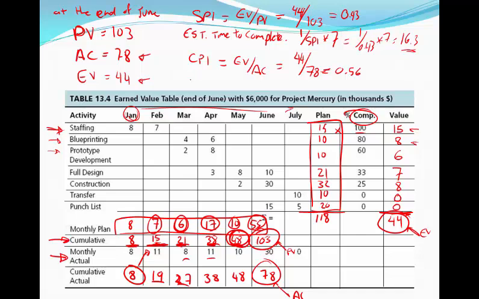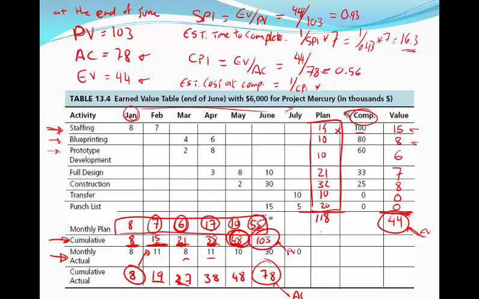And similar value for cost, estimating cost at completion. So your estimated cost at completion is equal to 1 over your CPI value times your total planned cost for the project.